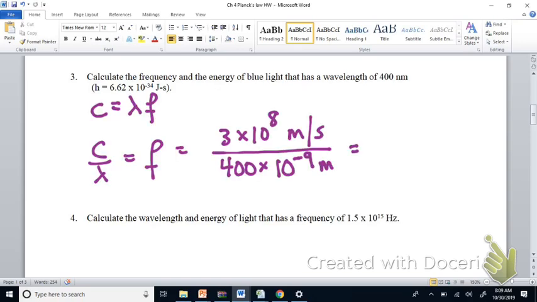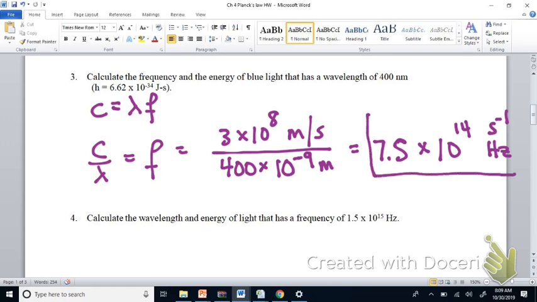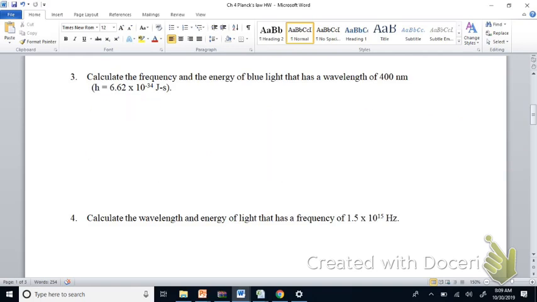And when we simplify this, we get 7.5 times 10 to the 14. Again, it can be an inverse second, that's okay. Or it could be a hertz, that's okay. I'm going to write both of them. Just choose whichever you prefer. And that answers the first part of question number 3.